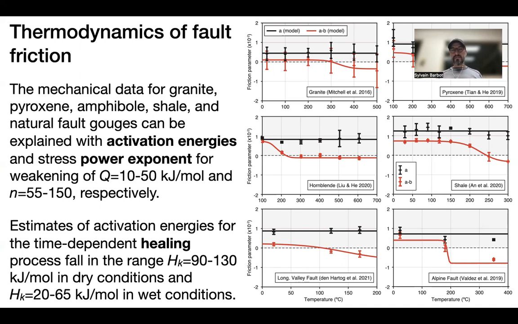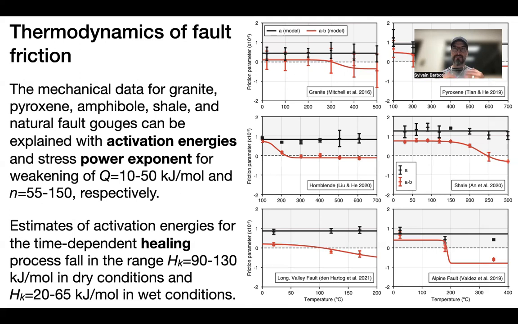And what we find to explain all of this data is activation energies for the direct effect of temperature between 10 and 50 kilojoule per mole, and power exponents for stress or traction between 55 and 150. So again, much higher than what is found for a viscoelastic environment. Viscoelasticity would have power exponents firmly lower than 20, most often lower than 10, and in the mantle, it will be between 1 and 5.